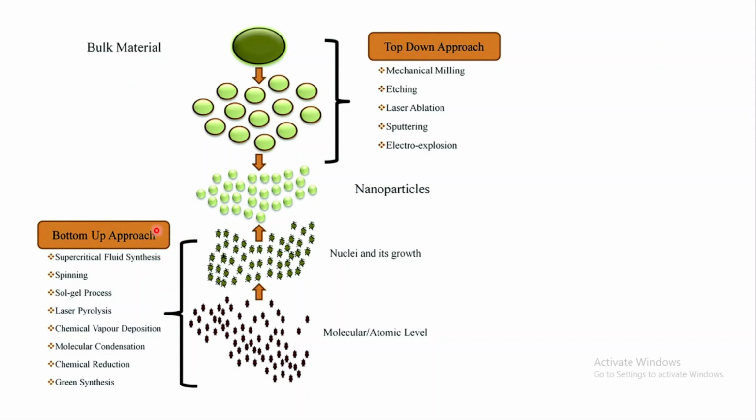While on the contrary, we have a comparison of bottom up approach, where at molecular atomic level we have these starting materials. There is something called nucleation and growth, which will grow it into the nanoparticles. So all these starting materials will be provided with an apt environment for the reaction to happen, where these can cluster together or self assemble together.